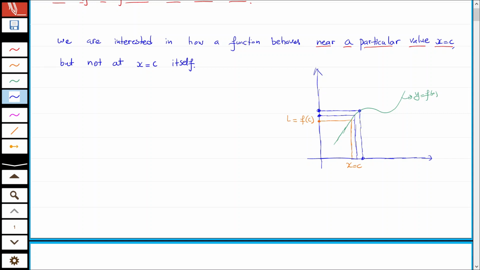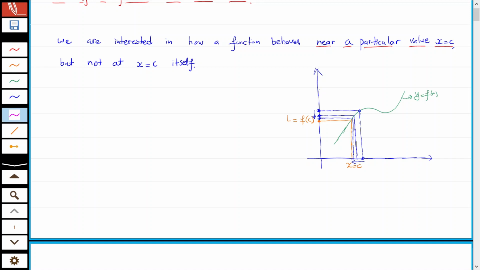If I go as close as possible, you can see that my blue dots are getting as close as possible to the orange dot on the y-axis. But there is a direction. As I move towards x equals c this way, my y values are moving towards L this way.